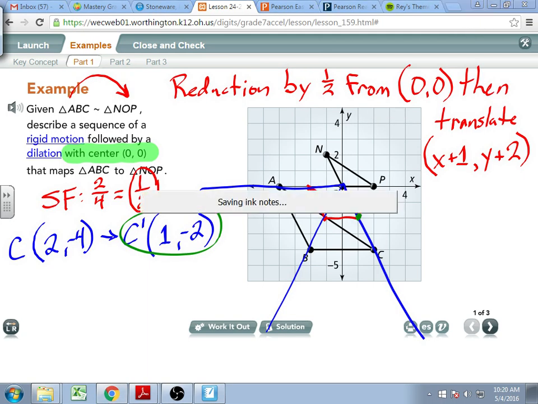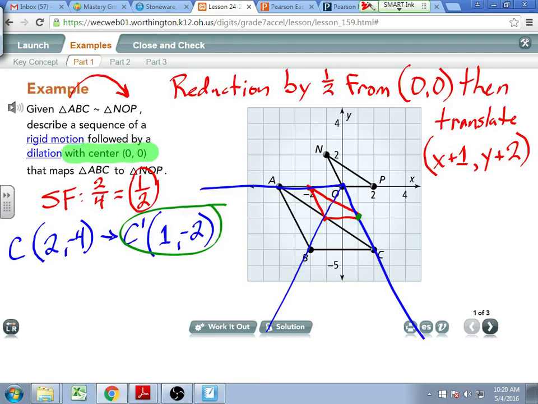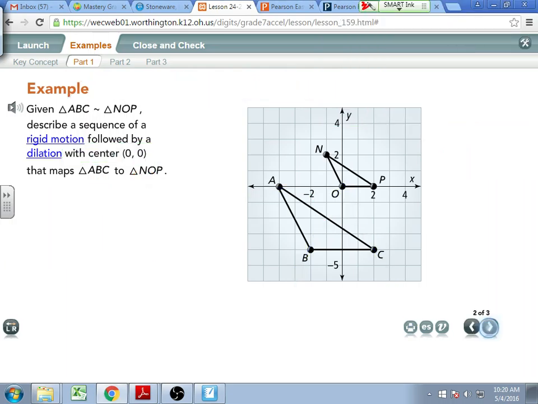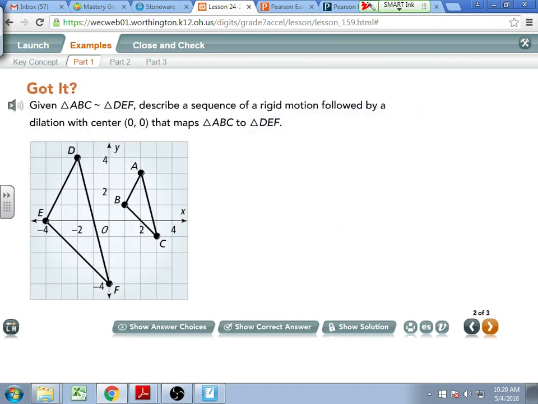So try the "got it" with a dilation center stuck at (0, 0), and that rectangle dilating from ABC to DEF. What sequence of motions gets me there? Think it through. Remember, we dilate first, then we translate.